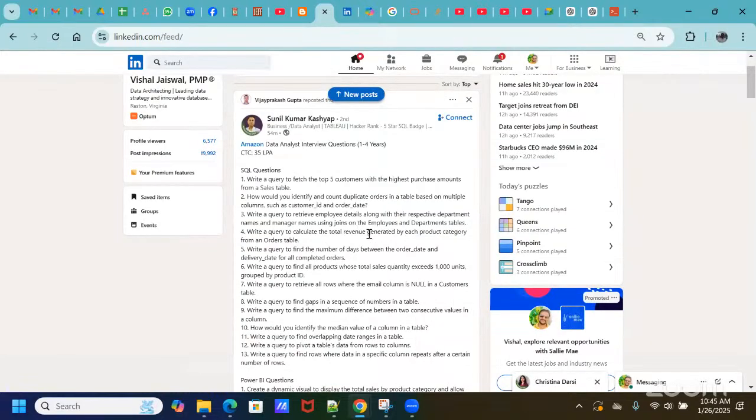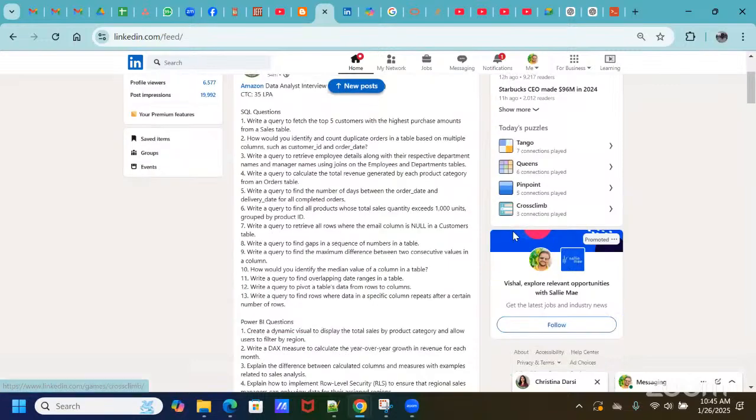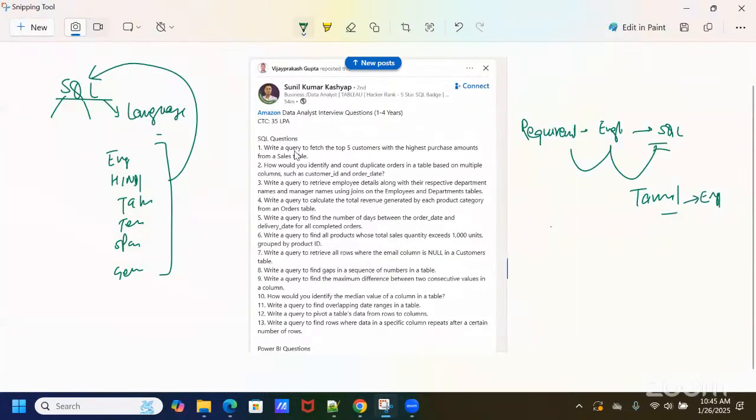Whenever a question comes in front of you, what is your responsibility? For example, take this question. I'm just reading any question: write a query to fetch top 5 customers with the highest purchase amount from the sales table. I will take multiple questions and try to tell you how to understand the tricks. What is this?